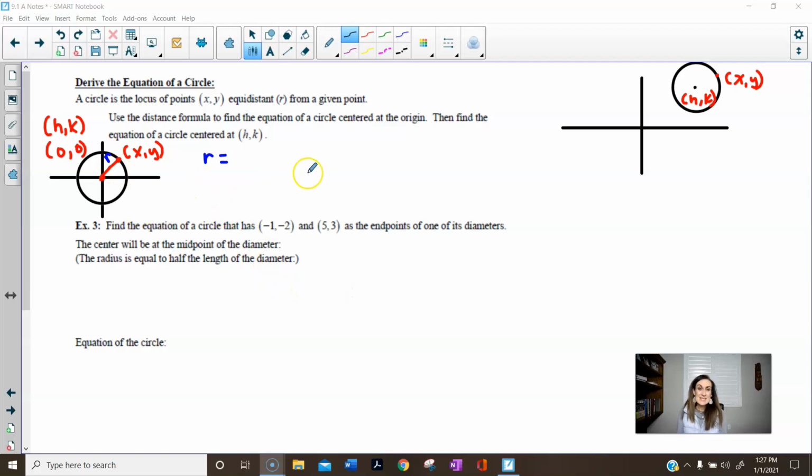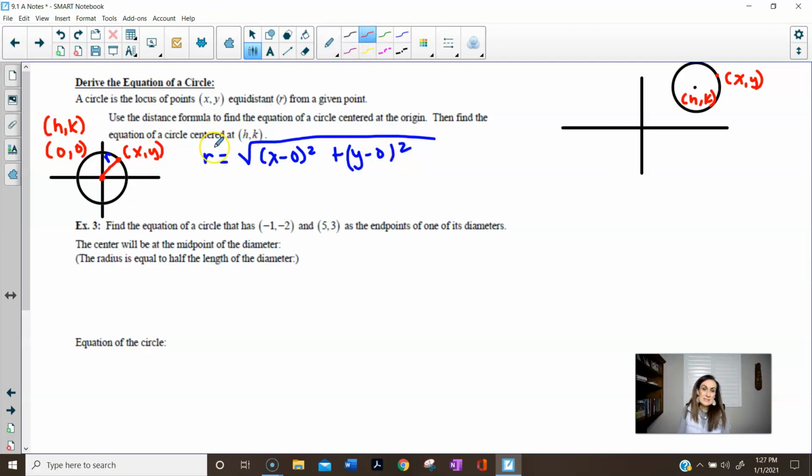So the radius is going to equal the square root of, and then we subtract the x values: x minus 0 squared, plus the distance between the y values, y minus 0 squared.